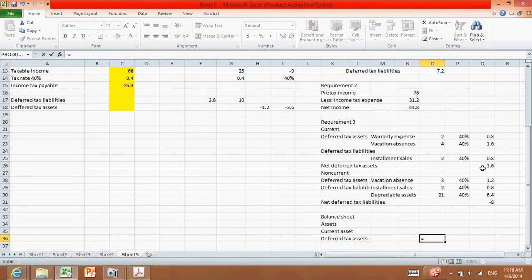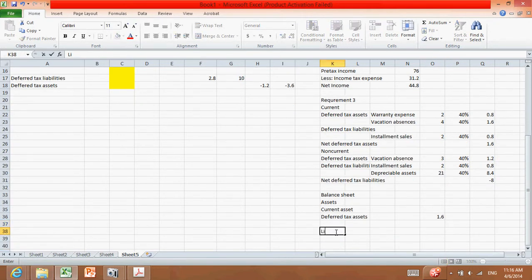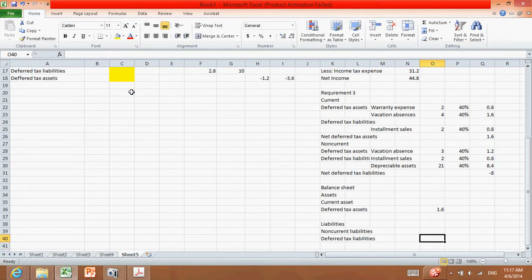So I have a non-current liability section. I have deferred tax liabilities of $8 million. I don't want to show a negative sign because I already show liabilities wording in the title. This will be my balance sheet presentation. This concludes problem 16-7.